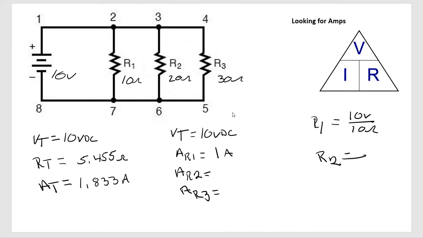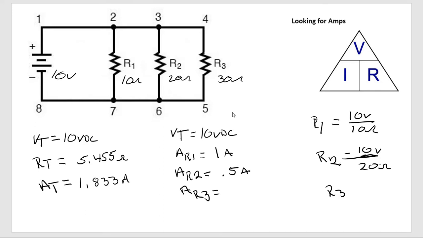R2 would be 10, well, you can make that line go across there too. 10 divided by 20, 10 volts, 20 ohms. So 10 divided by 20 is 0.5 amps.